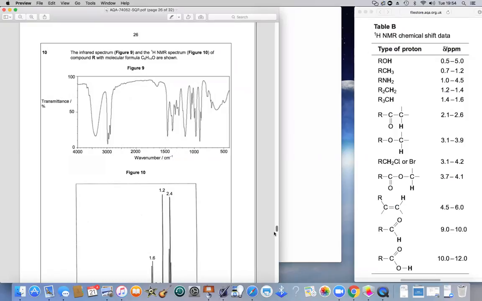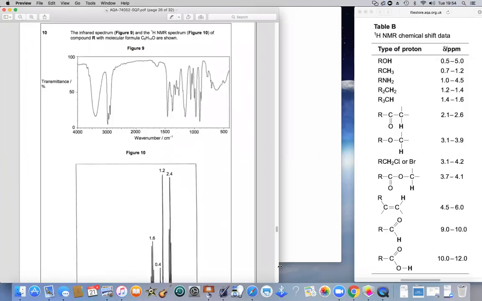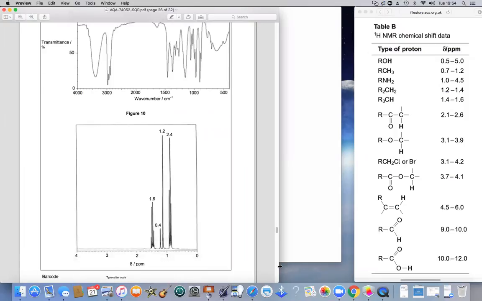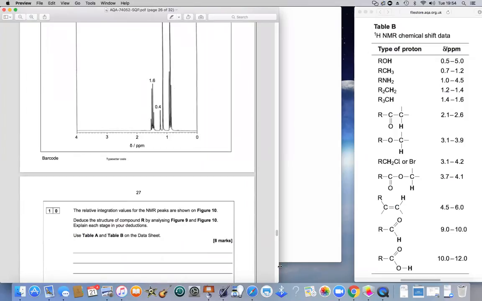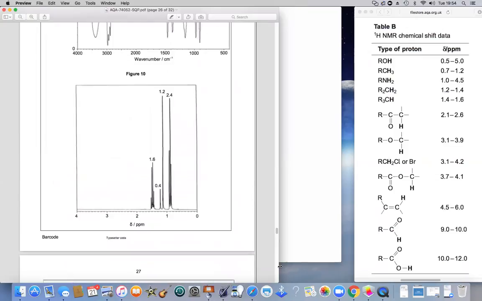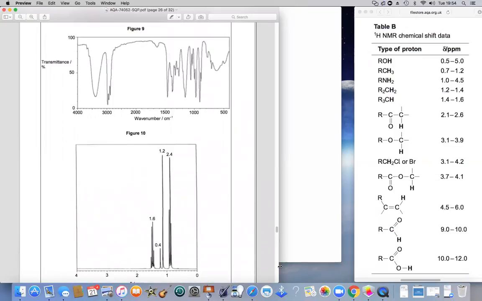You are given the infrared and the proton NMR of compound R, which has molecular formula C6H14O. The relative integration values are shown on figure 10. Deduce the structure of compound R by analysing figure 9 and figure 10. Explain each stage for 8 marks. So that's a big question, an 8-mark question.